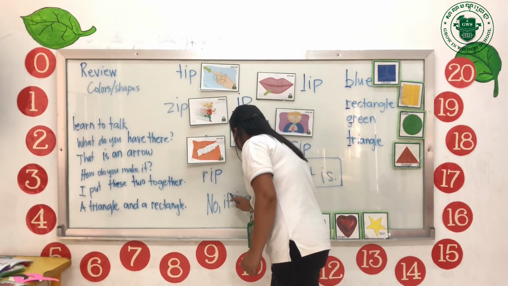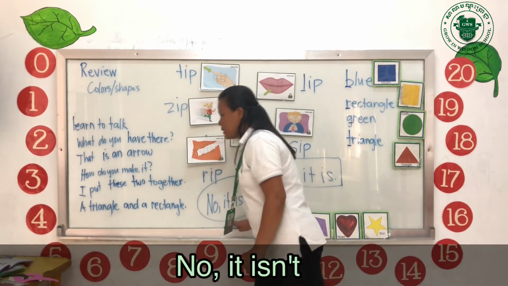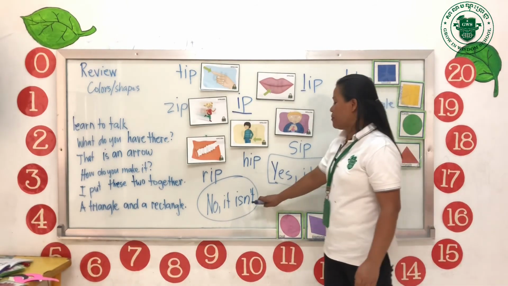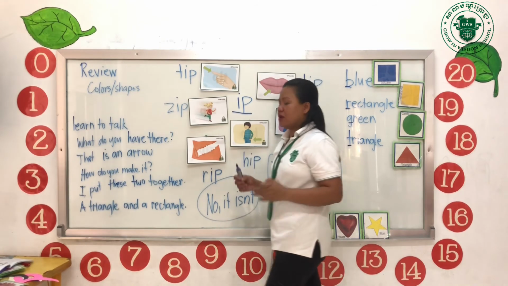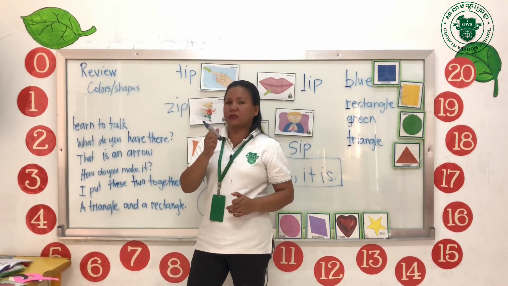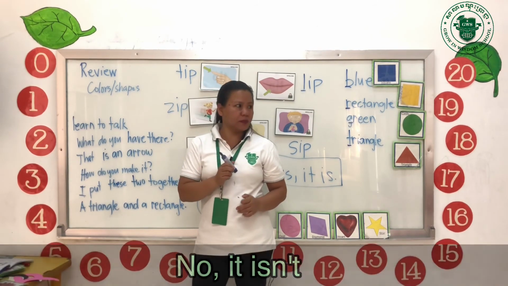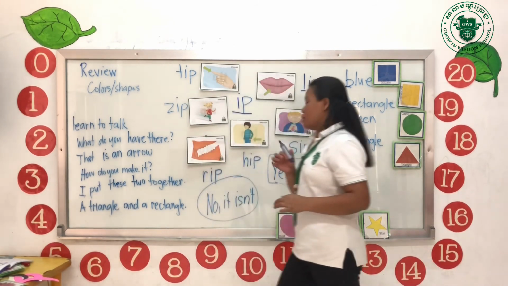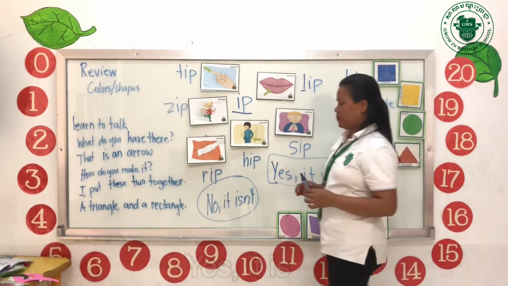Okay? No, it isn't. If the question is not correct with the objects that the teacher asked you, you will answer, no, it isn't. But if the answer is, yes, it is.